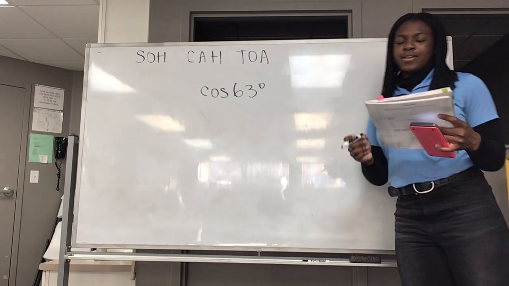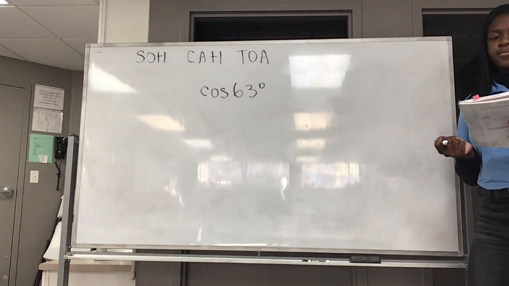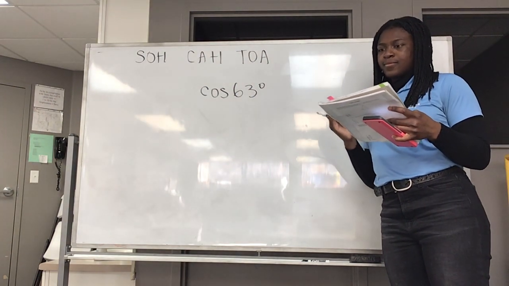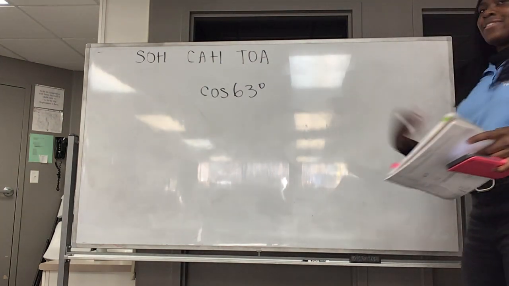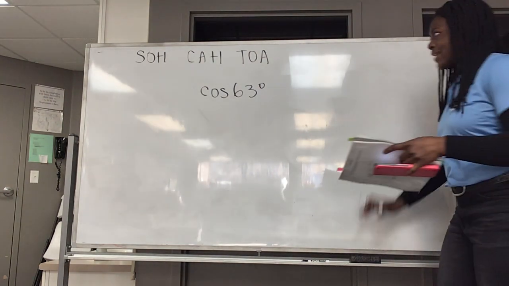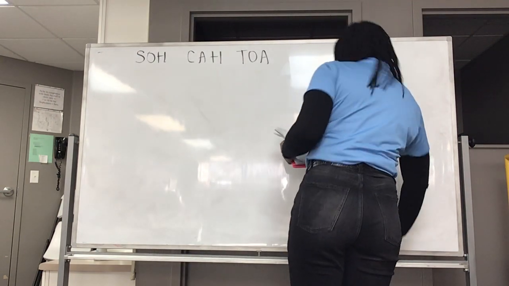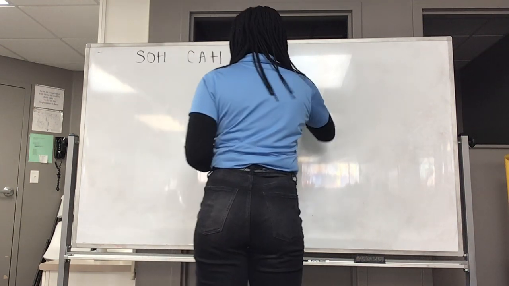Does someone want to just yell out an answer? 0.454. Yep, 0.454. Okay, so that's super simple. We don't really need to spend a lot of time on that, so we'll move on. But now we're going to be using our calculator with actual triangles.